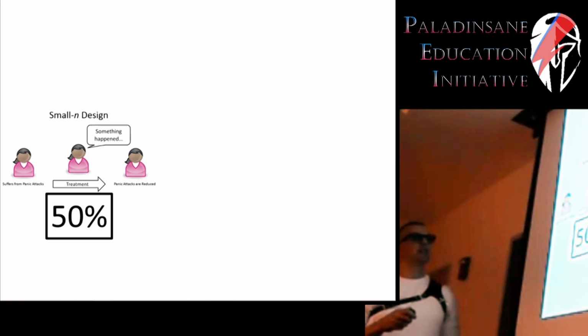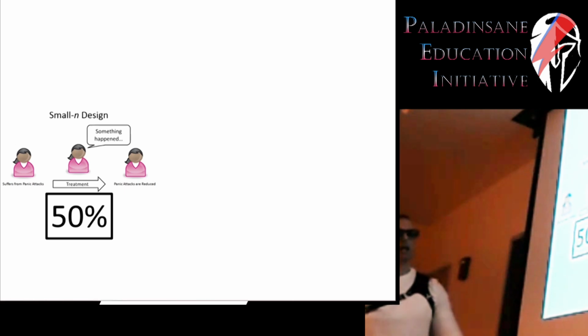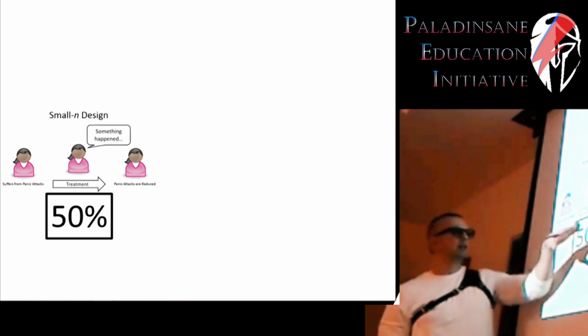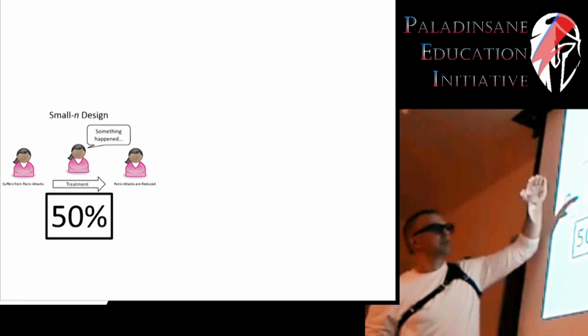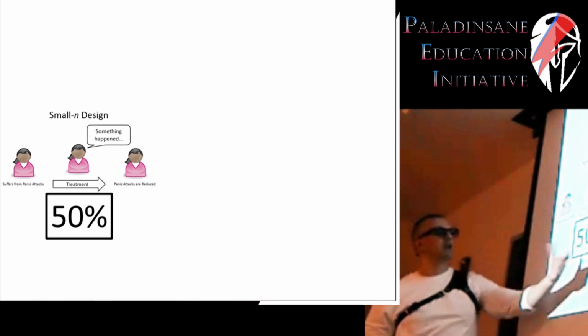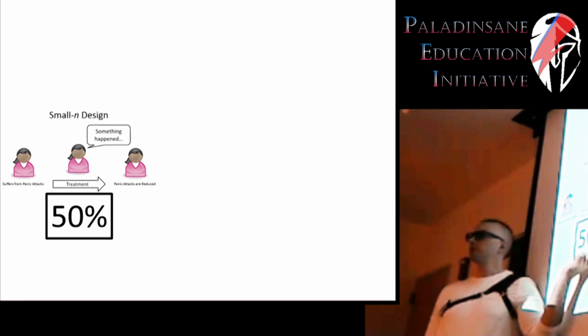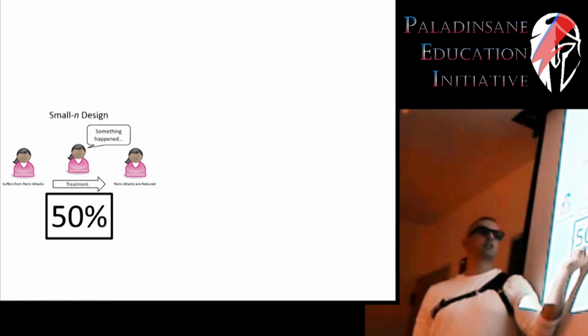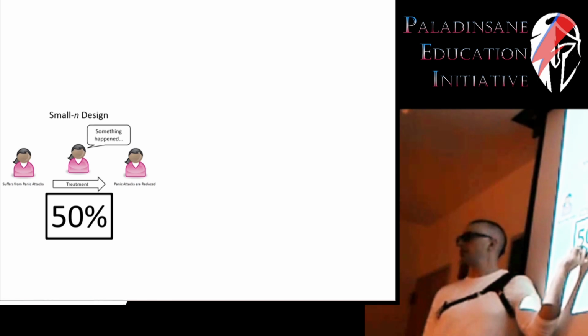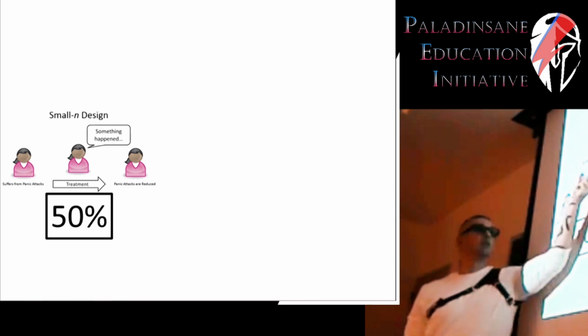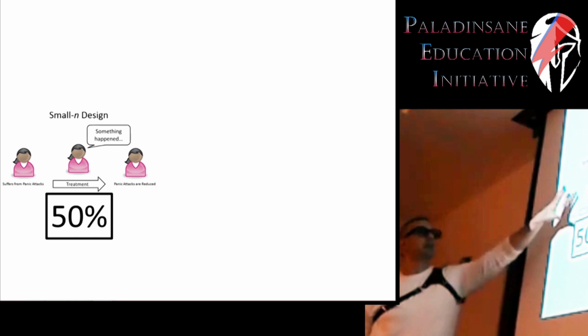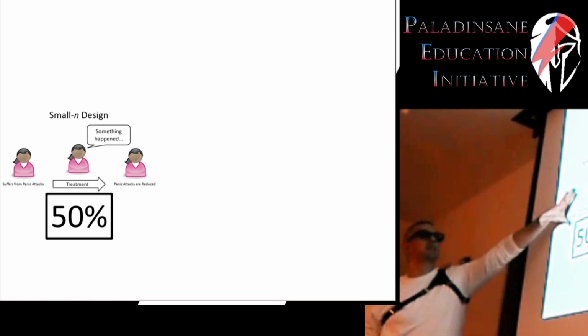There's a 50% chance that something else happened. So if you were to tell this client, continue on with your treatment, you have a 50% chance that you've helped this individual and your treatment is actually effective, and you have a 50% chance that you have lied to this individual and your treatment did nothing, but it was that something else that happened. That's in a small subject design.